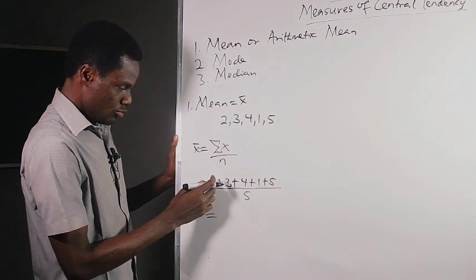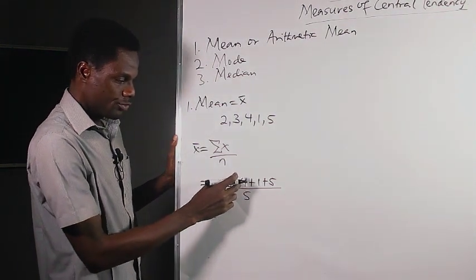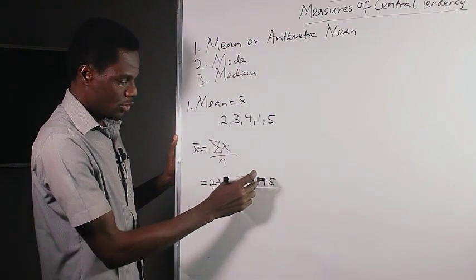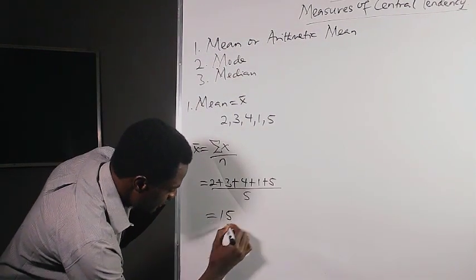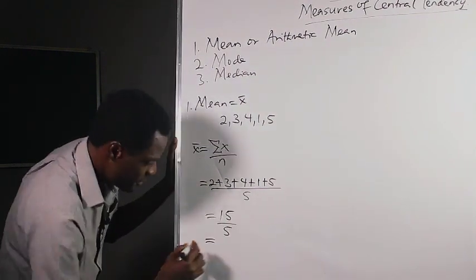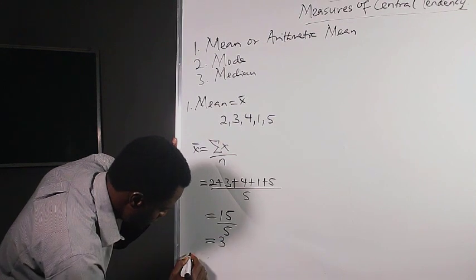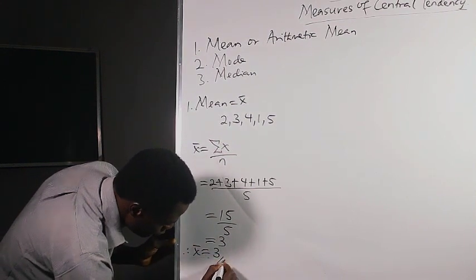Then we say 2 plus 3, making 5. 5 plus 4, 9. 9 plus 1, 10. 10 plus 5 is 15. So this 15 divided by 5 is 3. Therefore, our mean is equal to 3.